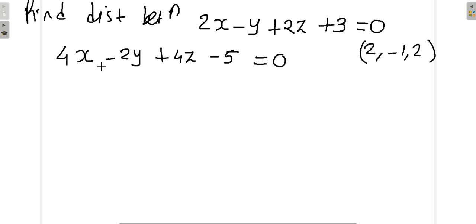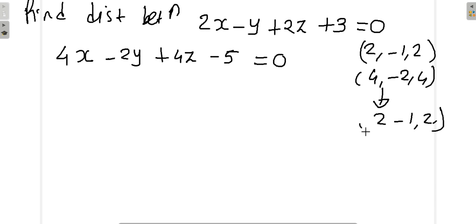And what are the direction ratios of this plane? 4, -2, 4. Please note that they are proportional. The direction ratios will be the same as 2, -1, 2. It means these two planes are parallel.